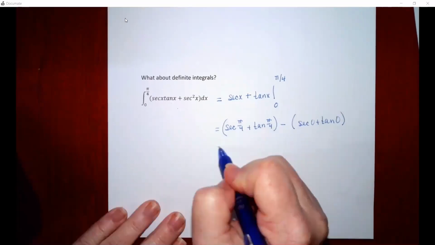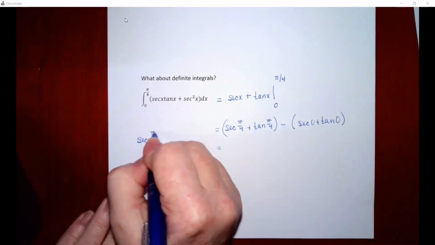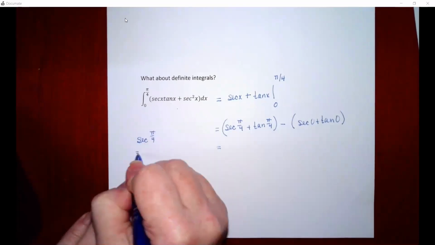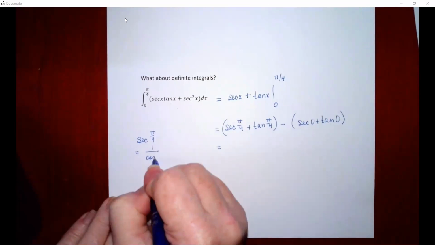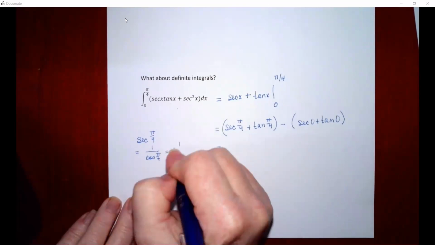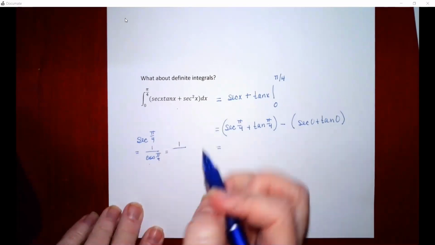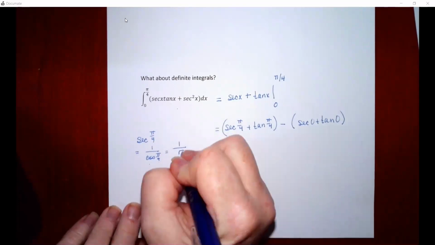What's the secant of pi over 4? Well, remember, the secant of pi over 4 is 1 over the cosine of pi over 4. From our unit circle that I know you all have memorized, the cosine of pi over 4 is the square root of 2 over 2.